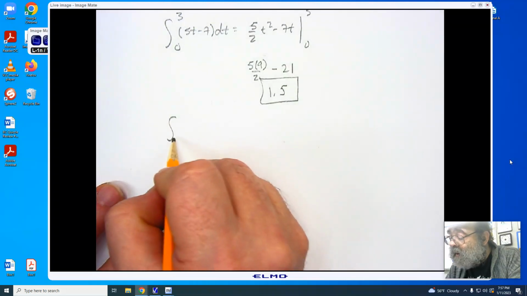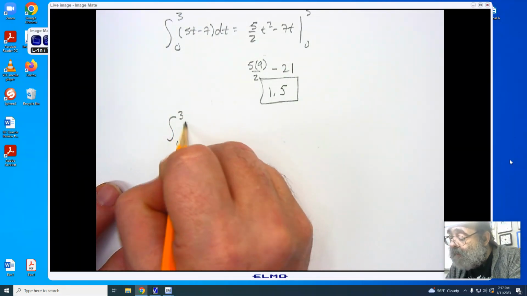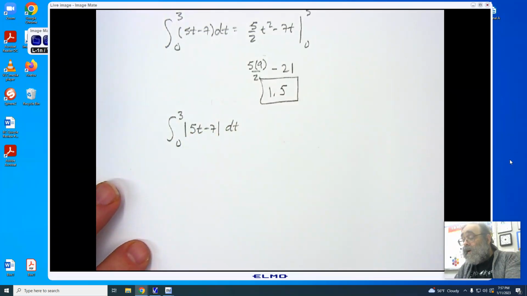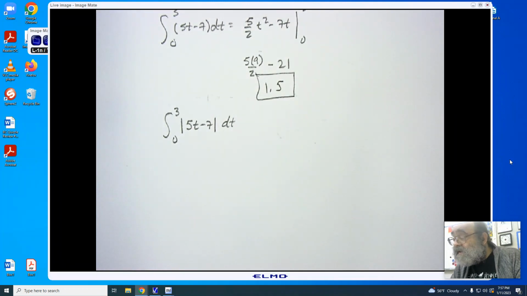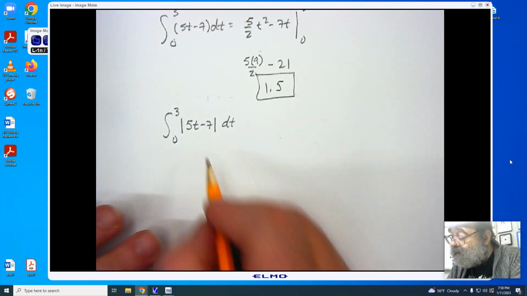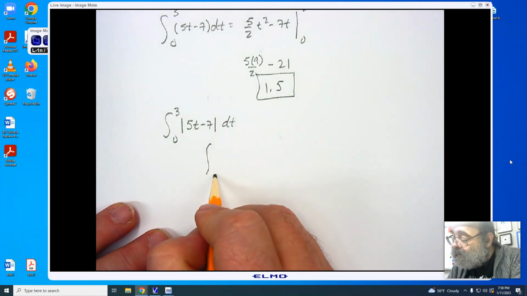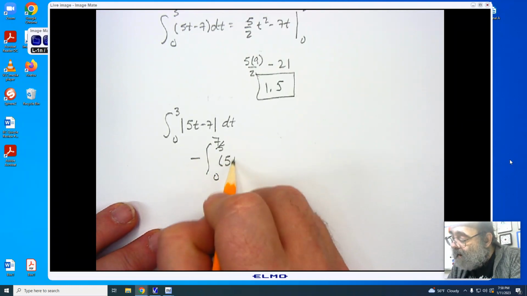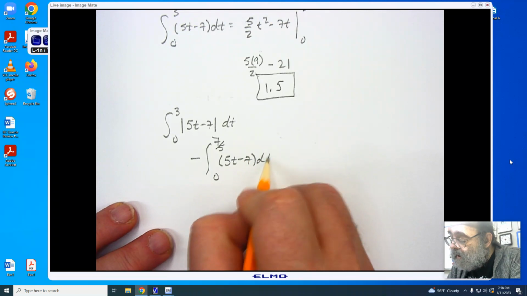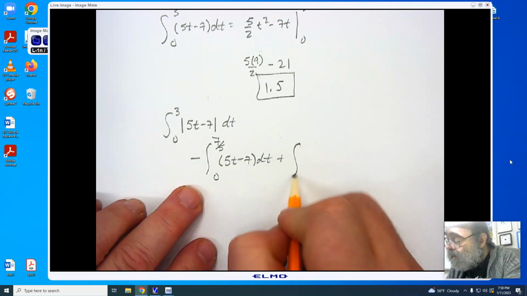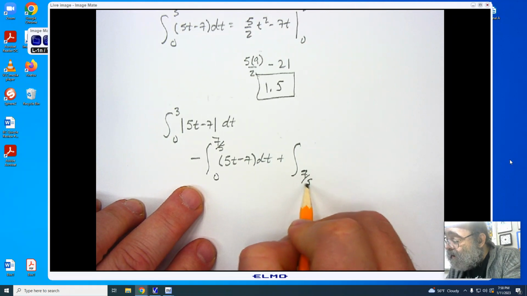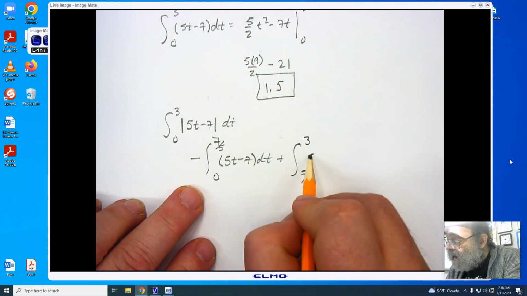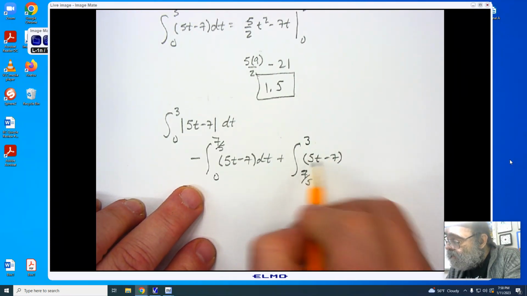Now we're going to take a look at 0 to 3 for the absolute value of 5t minus 7 dt. Now, you'll notice that we're now looking at 7/5. 7/5 is our midpoint. So 0 to 7/5, minus goes in front, 5t minus 7 dt, adding to it 7/5 to our value 3 for 5t minus 7 dt.